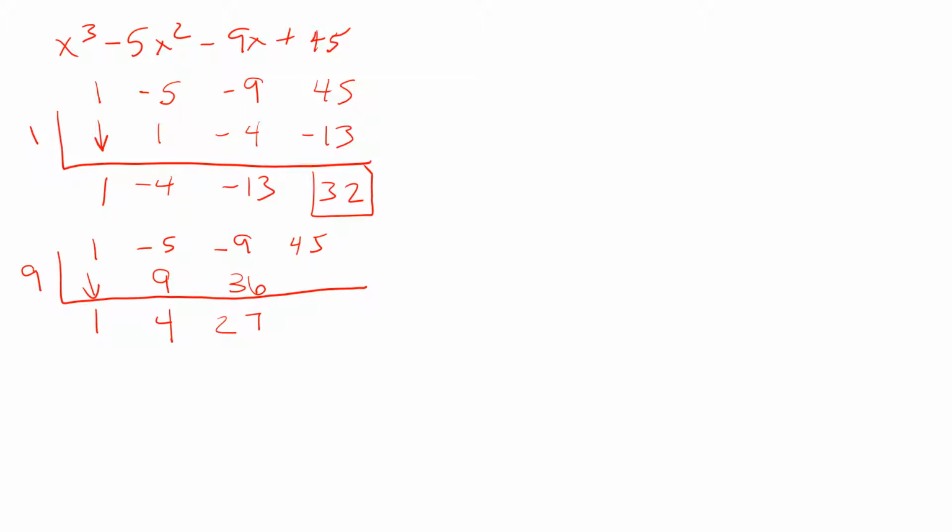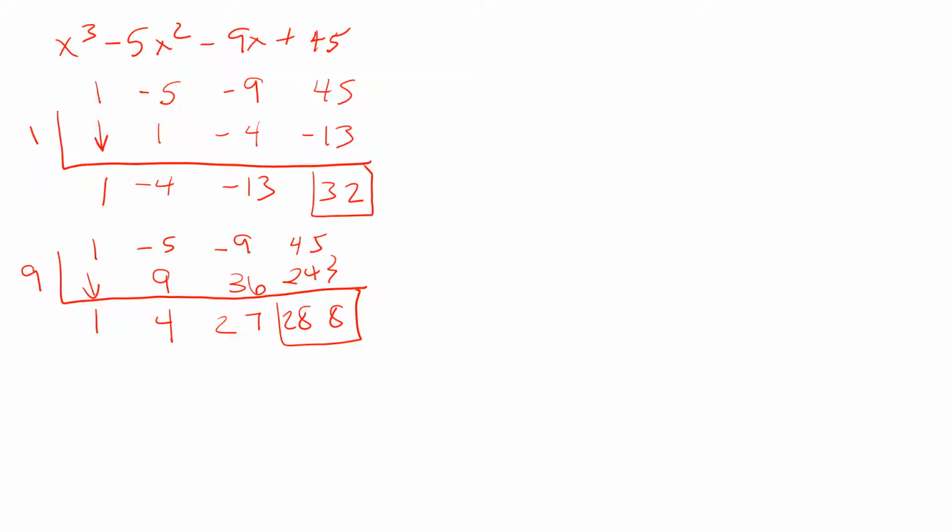Then I add, then I multiply 9 times 27. You can obviously tell that when I put that number up here, there's no way this remainder is going to be 0. I don't really have to do it, but we might as well finish this off. 27 times 9 is 243, and I add 45 to that, that is 288, so my remainder is not 0. So I go back and guess again.